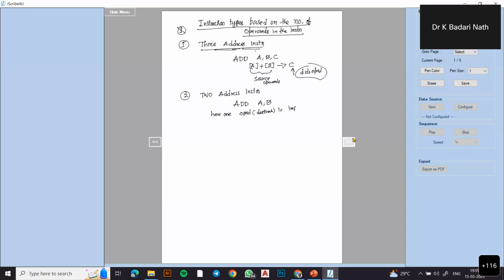One operand, which we generally call the destination operand, is implied. Implied in the sense that we don't specify it in the instruction, but the instruction knows what the destination is. How does it make that assumption? Because it thinks that one of the source operands will also act as the destination.